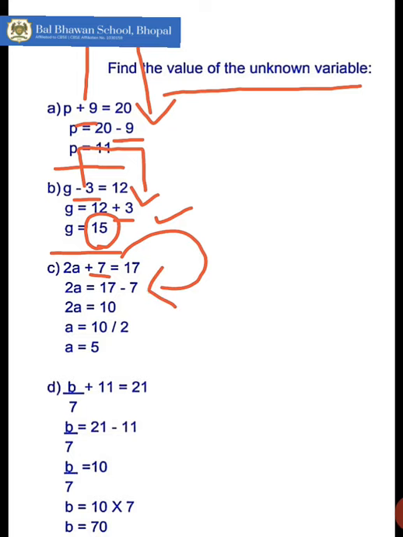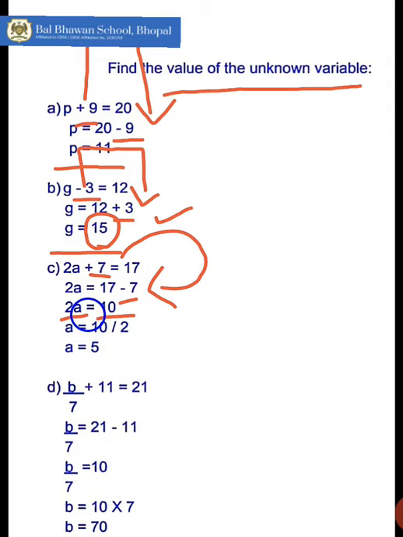As I have told you, plus 7, when it moves to the other side, will become minus 7. And 17 minus 7 becomes the right hand side of the equation. 17 minus 7 will give you what? 10. So 2a will be equal to 10.